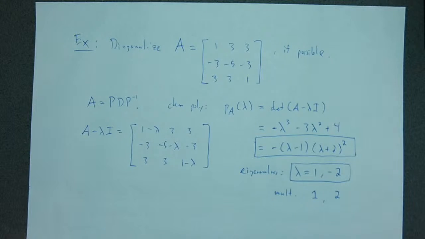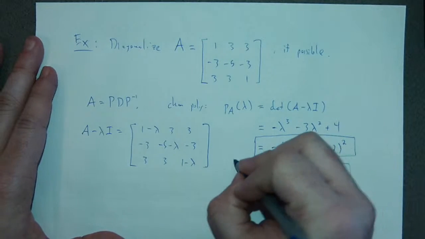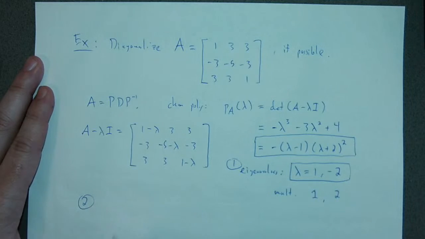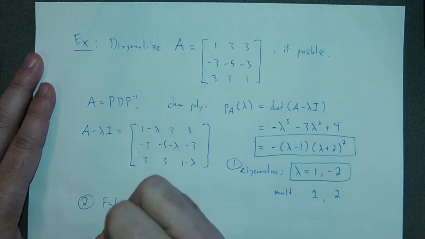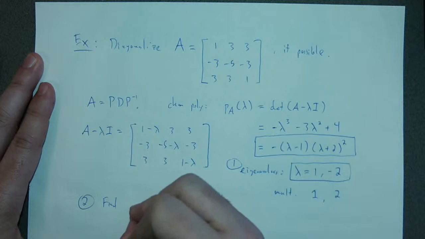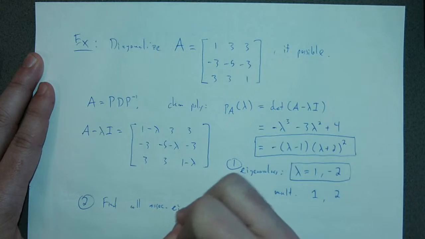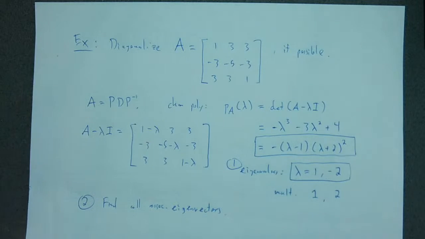Okay. Now, this is the first step. So the first step is to find eigenvalues. The second step is to find associated eigenvectors. So I need to find all associated eigenvectors, and hopefully I have found enough in this step to find 3 linearly independent eigenvectors.